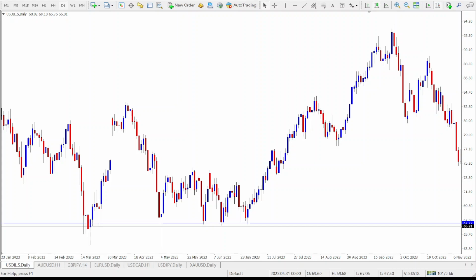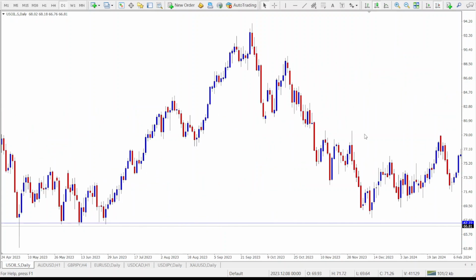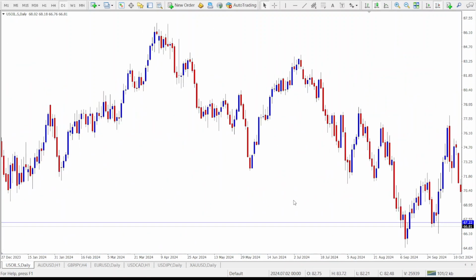Now, first, let us talk about what gaps are. In simple terms, a gap occurs when the price of an asset jumps, like we can see what happened here. You can see it's quite clear. When the price of an asset jumps or drops significantly, it could be to the upside, or it could be to the downside.